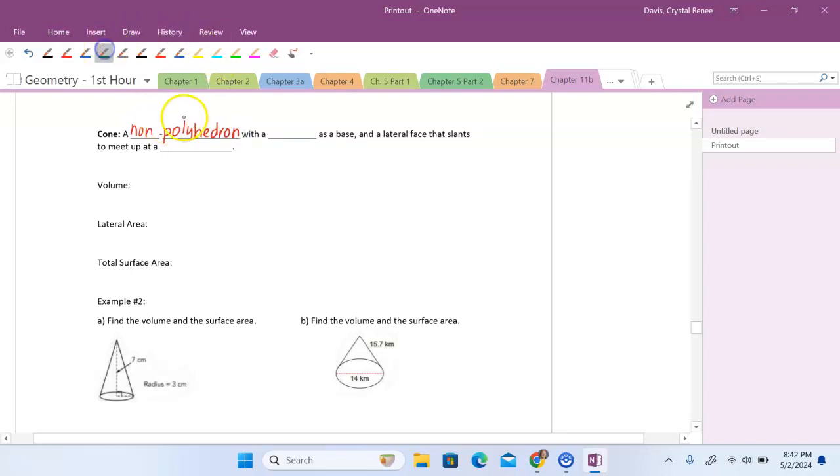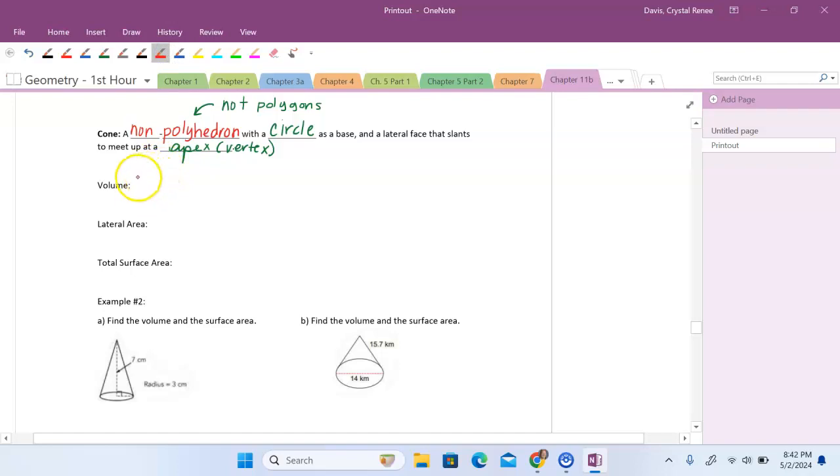In other words, it's not composed of polygons, so no sides and no angles. It has a circle as the base and lateral faces that slant to meet up at an apex or a vertex, just like a pyramid.